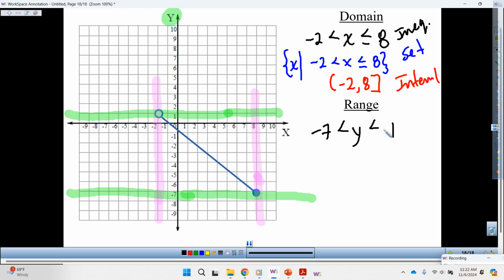And which one has the equal sign? Enrique. Why? Yeah, it's a closed point. That is correct. This is my inequality. I want you to write me the set notation and the interval notation, and then I want you to send it on the screen, please. I want to see what you wrote.